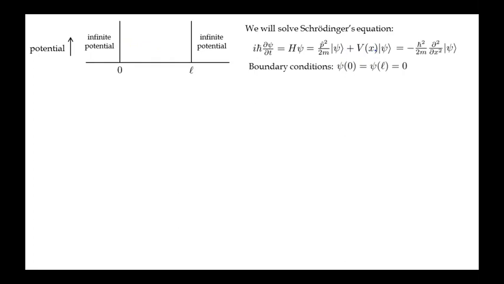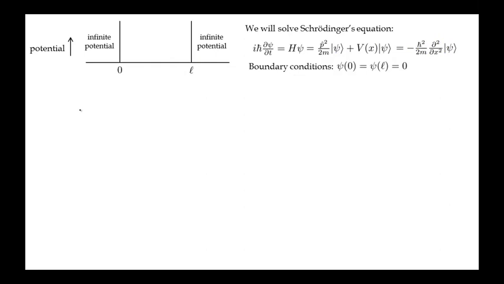And so, for a free particle, this p squared over 2m, of course, ends up being minus h bar squared over 2m d squared by dx squared. And the fact that we have a non-zero potential outside, we can just translate into boundary conditions which say that psi of 0 equals psi of L equals 0.